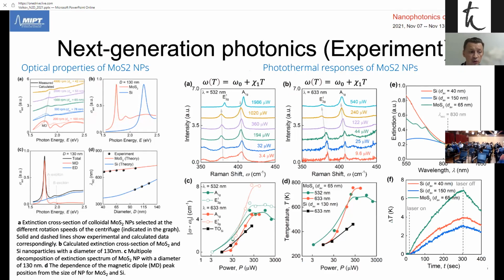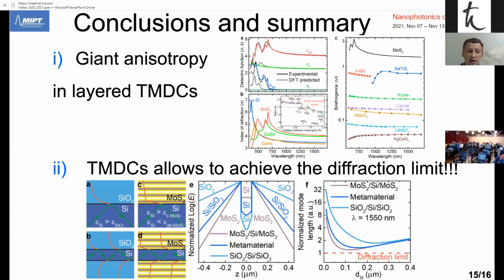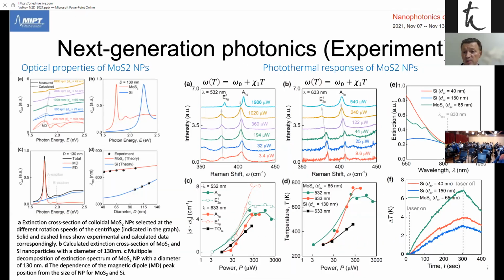It has been shown that the nanoparticles preserve the inherent bulk optical characteristics. These optical characteristics are shown to be superior to conventional materials like silicon or gallium phosphide. Additionally, our results demonstrate a really significant improvement in photoresponse and photothermal response compared to traditional materials like silicon.